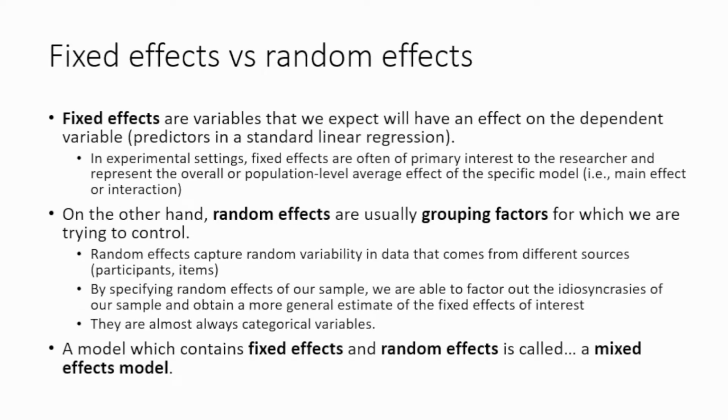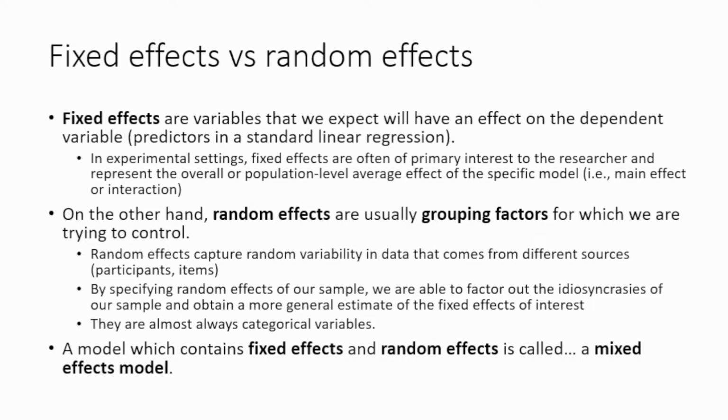It's called a mixed effects model because it has fixed effects, which is what we normally include in a general linear regression, and random effects, which is the part that takes into account the different levels of the clusters and so on. That's why it's called a mixed effects model, because it incorporates both fixed effects and random effects. Fixed effects are variables that we expect to have an effect on the dependent variable, on the y variable.